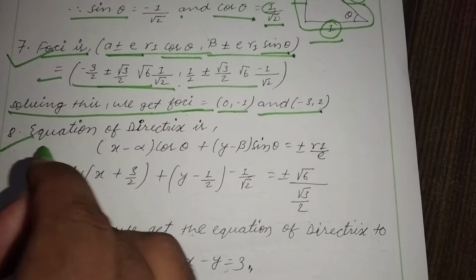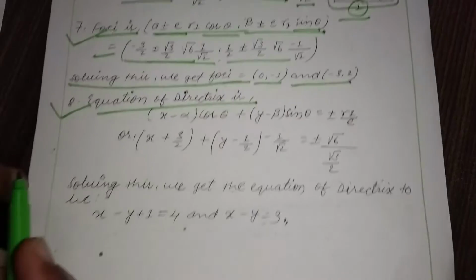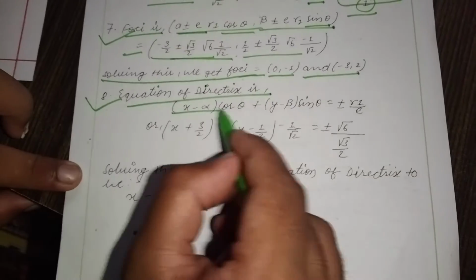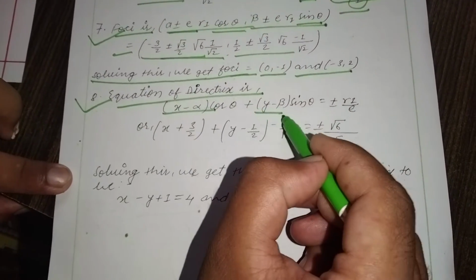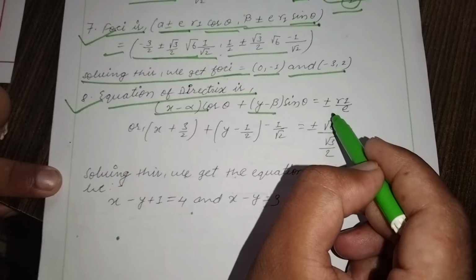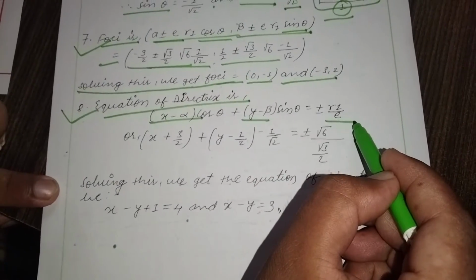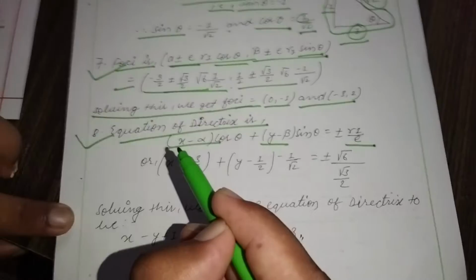Now number 8, the equation of the directrix is (x − alpha) cos theta + (y − beta) sin theta = ± r1/e. This is the formula for the equation of the directrix.